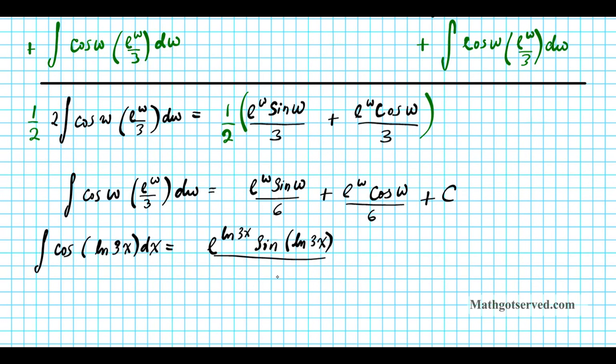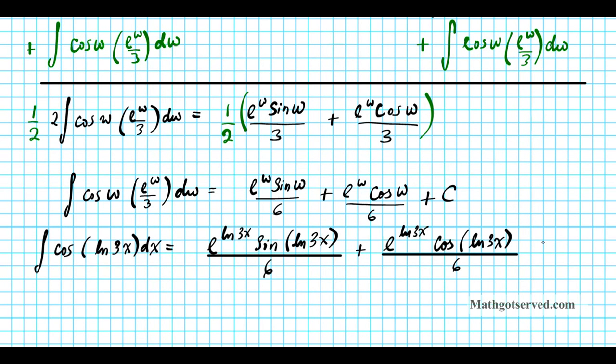This entire business, 3x, and this will be over 6. And then same substitution process applies to this term right here. So we'll have e to the natural logarithm of 3x instead of w, cosine the natural logarithm of 3x, because that's what we substituted for w, divided by 6 plus c.